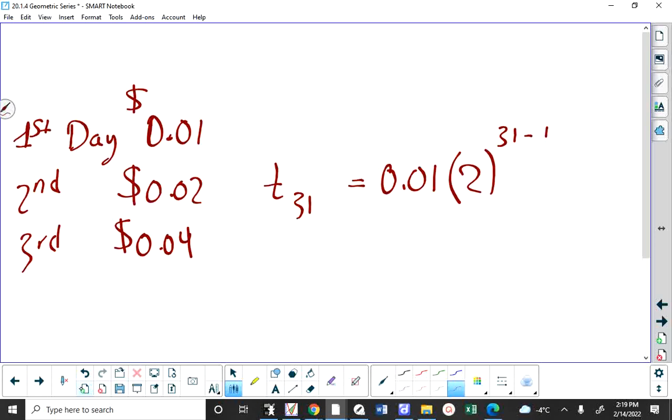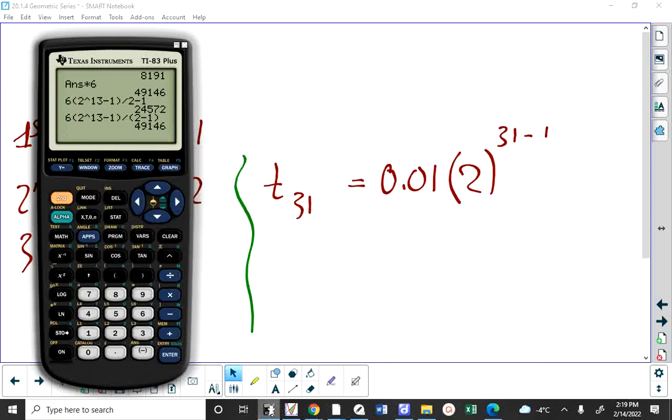This is the general term. This is not a sum. This will find out how much money I get on the 31st day of March from you. Well, in my dreams. But this should give us what I think was $10.7 million. 0.01 times 2 raised to the 30. 31 minus 1. Yeah, there's that $10.7 million.